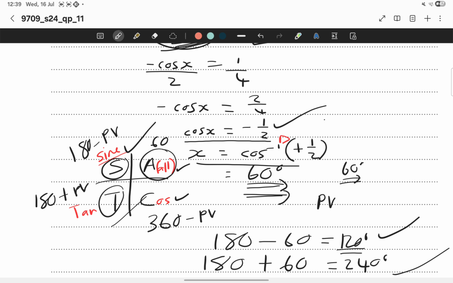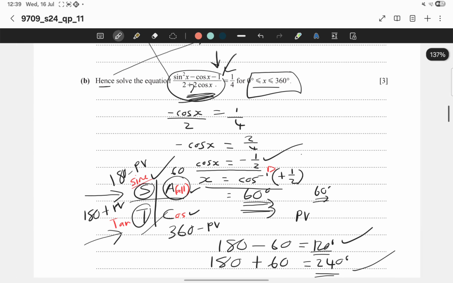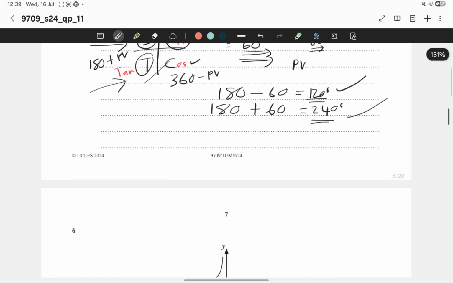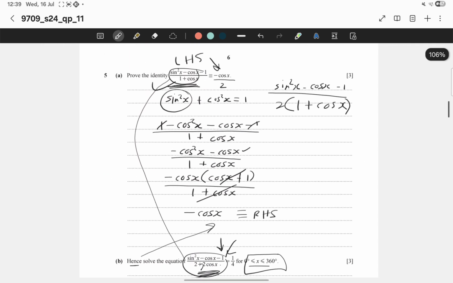So for that, we are considering the second quadrant and the third. So you say 180 minus the principal value, we get 120. Then 180 plus the principal value, we get our 240. I hope I've made that clear. Right? And that will be it for number 5.